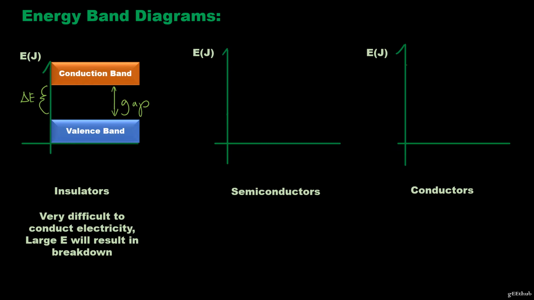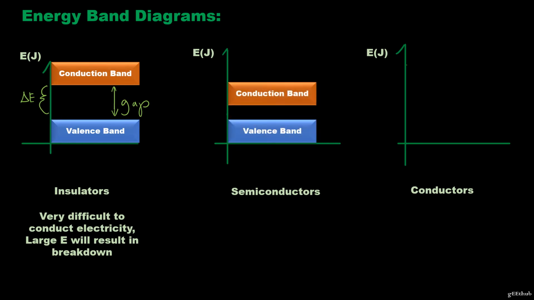And for semiconductors, the diagram looks something like this, where the gap is much smaller, so with the right amount of energy we can get electrons from the valence band to the conduction band ready to move around.